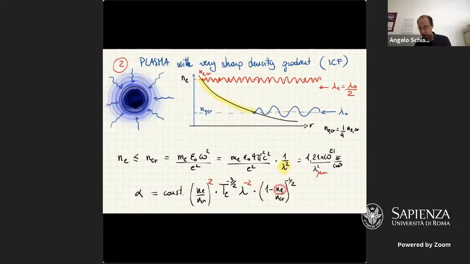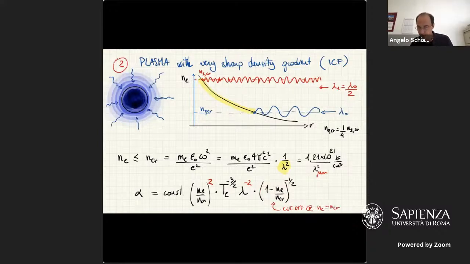It means that the electron density has to be smaller than the critical density for that radiation. Here again, the cutoff properties are contained inside this term: cutoff at N_e equals N critical.